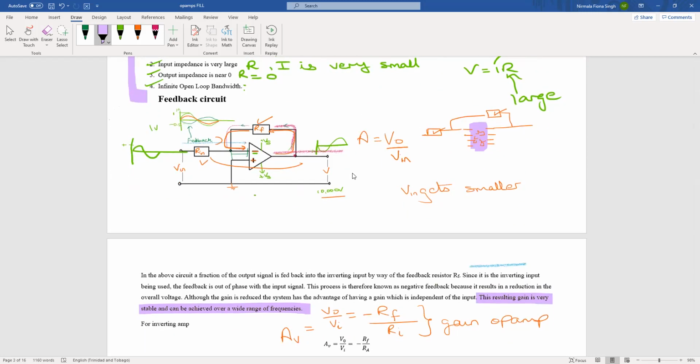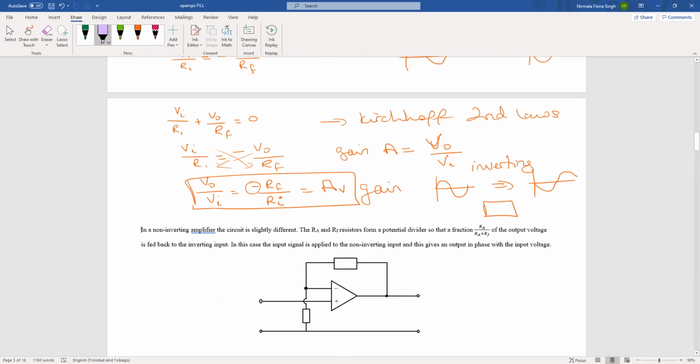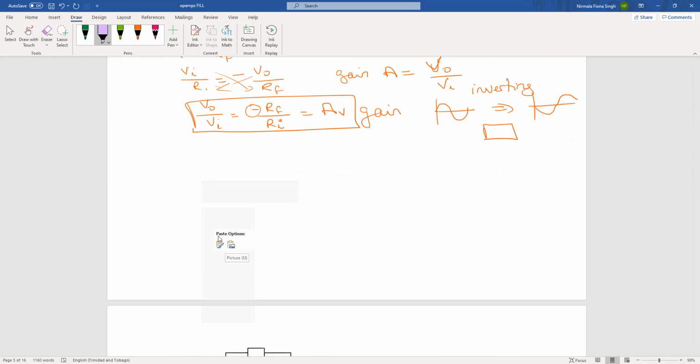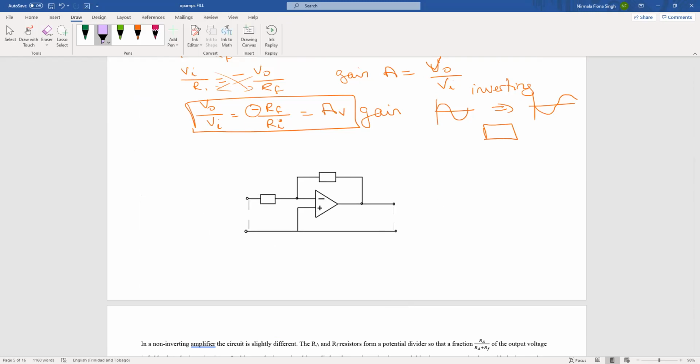Feedback is where we take some of the signal. If you want to go back to the diagram, just to grasp it. What we have for feedback is our input signal coming into our circuit.